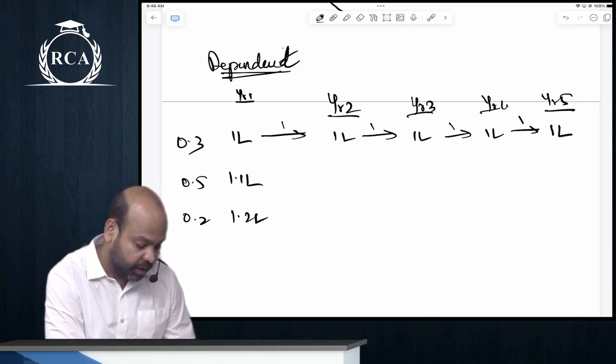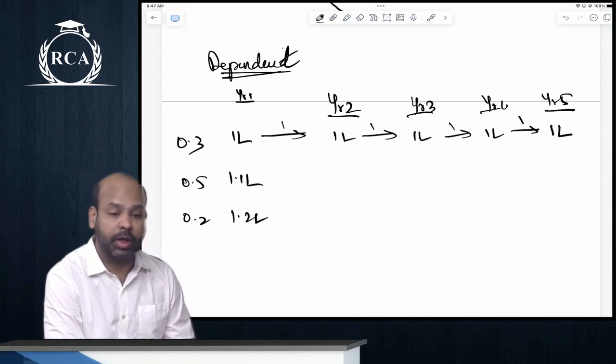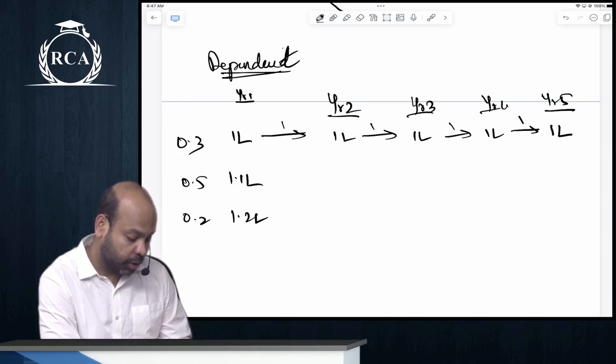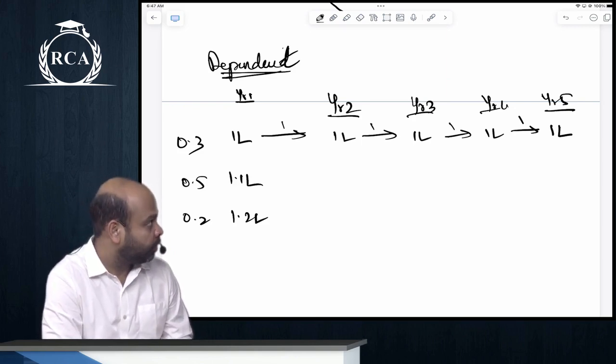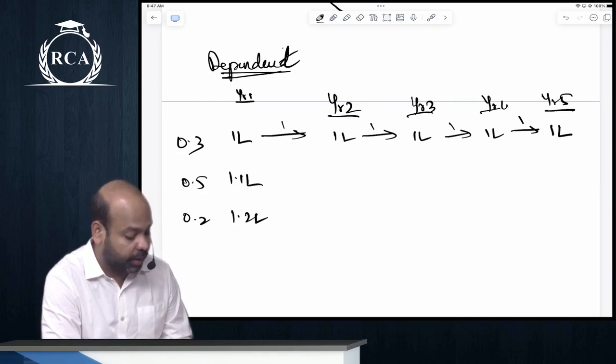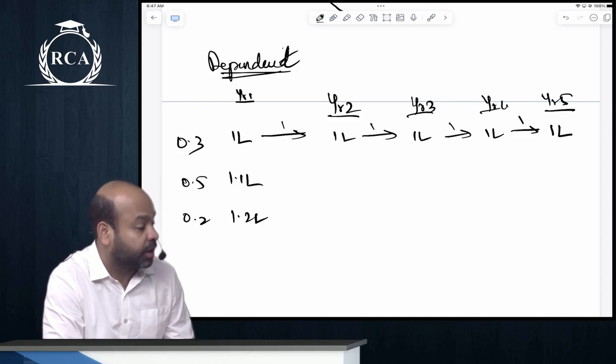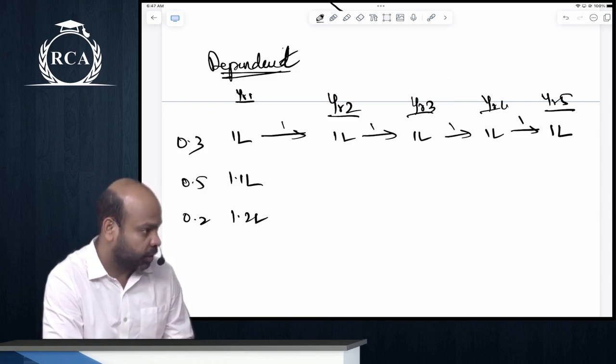It is 0.3 into 1 into 1 into 1 into 1, written 4 times. Why am I writing into 1 into 1 into 1? Because the probability of getting 1 lakh in subsequent years will become 1 if it is 1 lakh in the first year, because it is dependent.